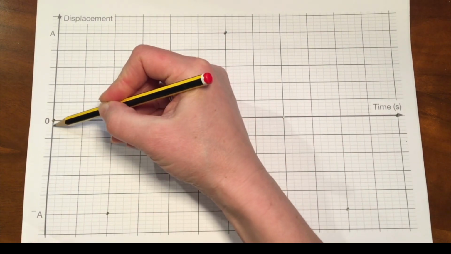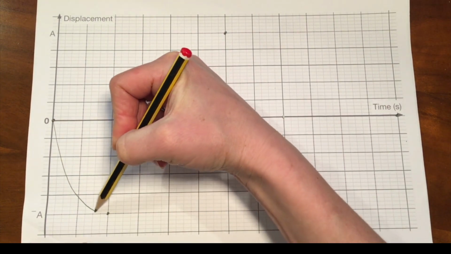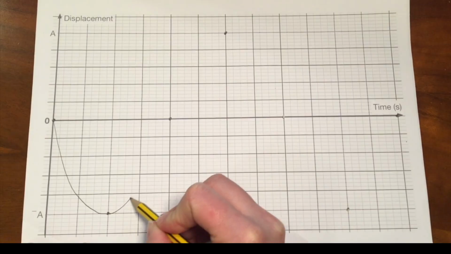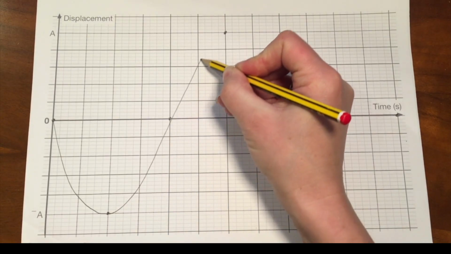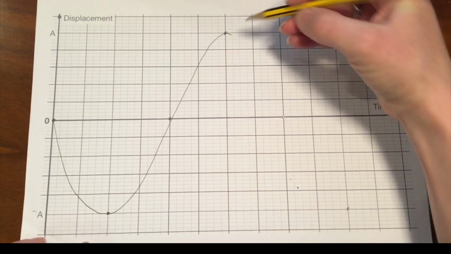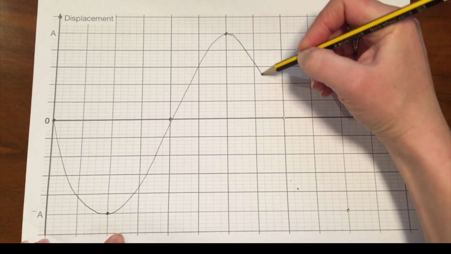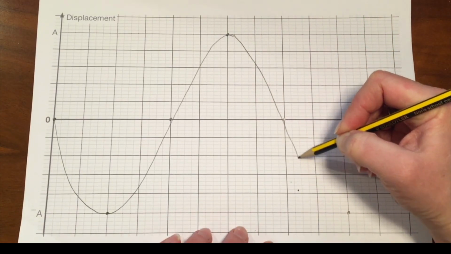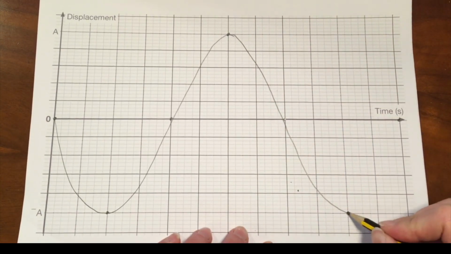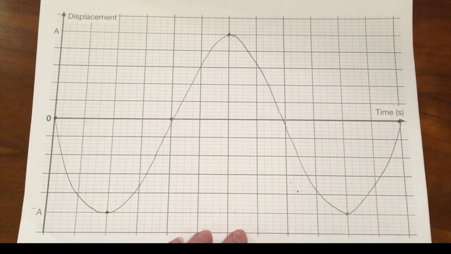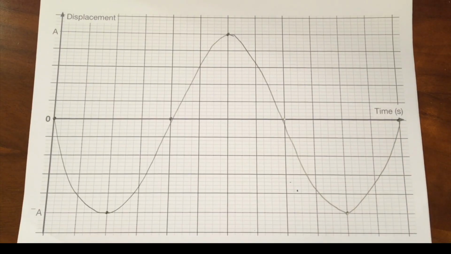We want to do a smooth curve through the points, down through the points and back up again. And so we have a graph of displacement against time for an object in simple harmonic motion.